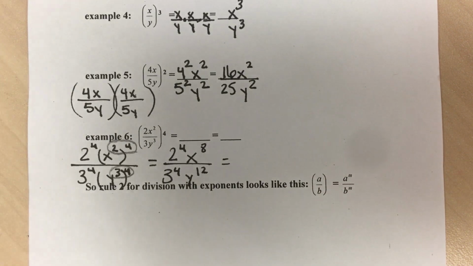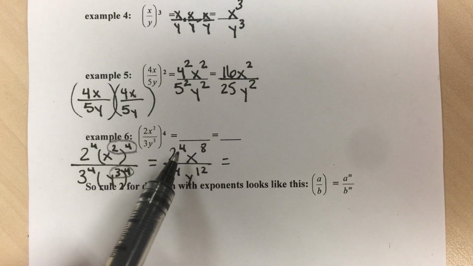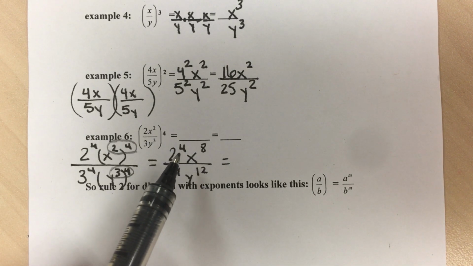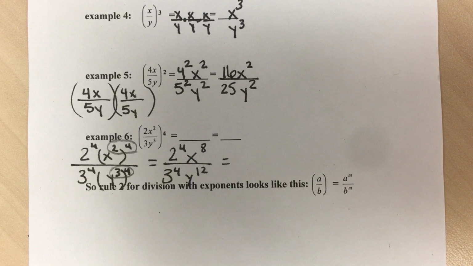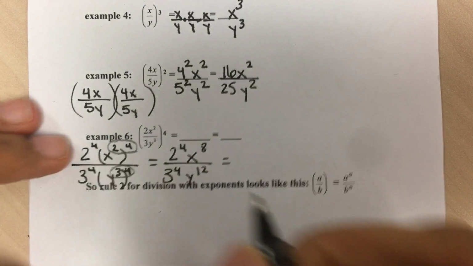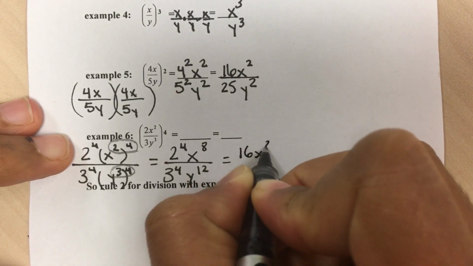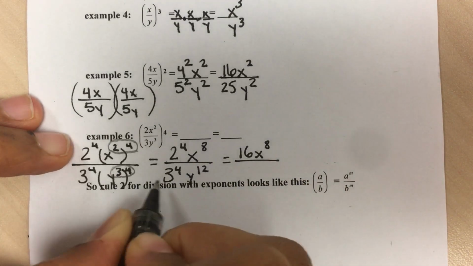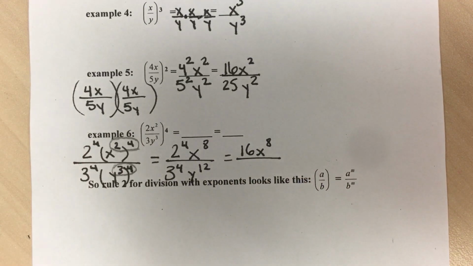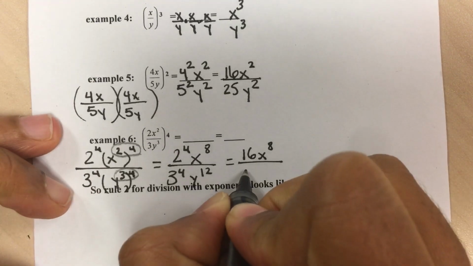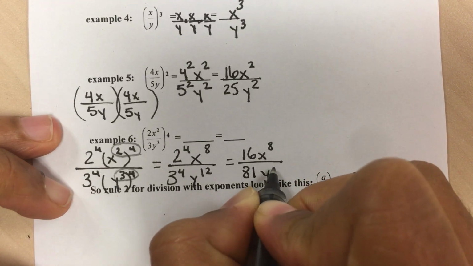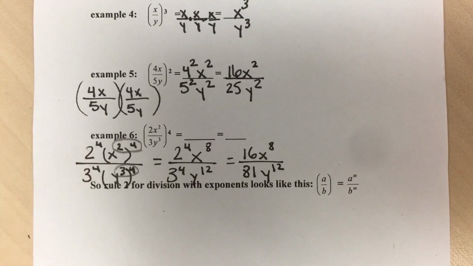You're just going to clean up these numbers and get that done. 2 times 2, 4 times another 2, 8 times another 2, 16. 3 times 3, 9, times 3, 27, times 3, 81. Of course, you can do that on your calculator, and that'll be your final answer.